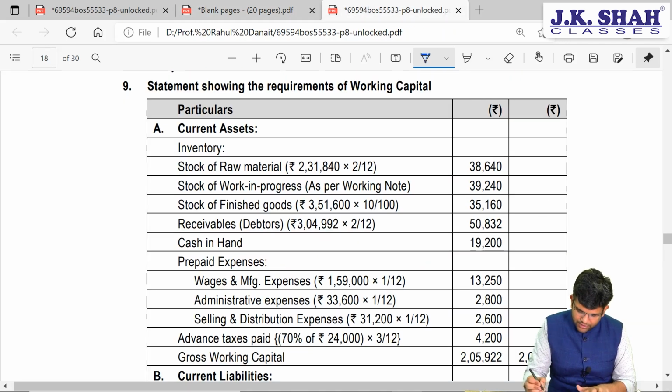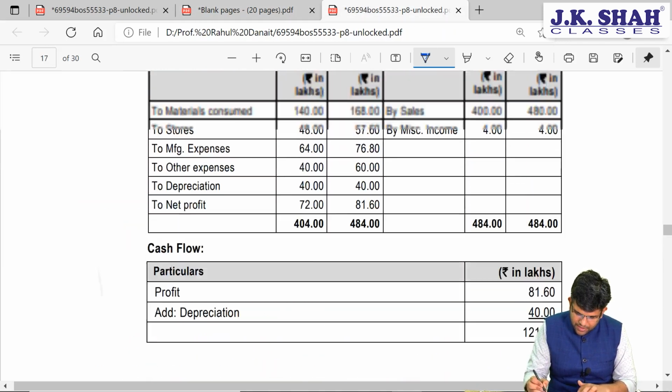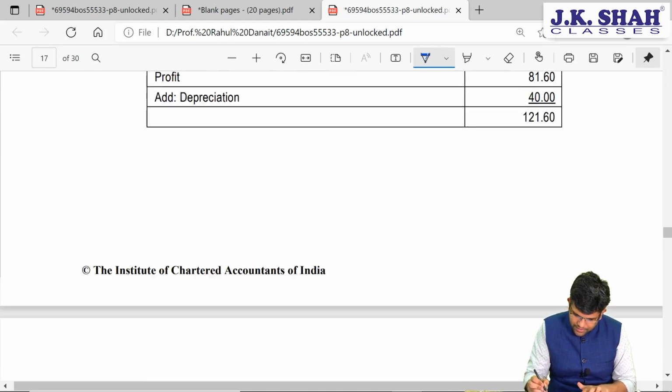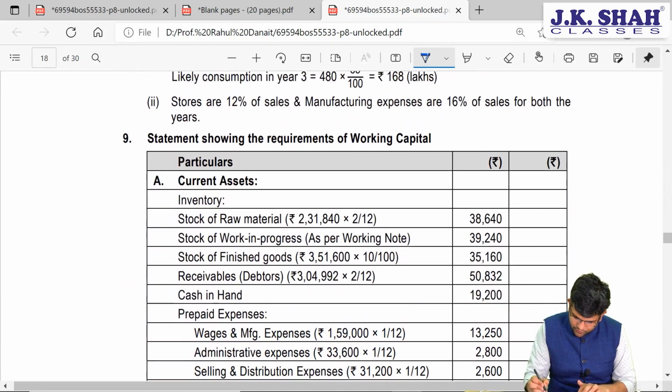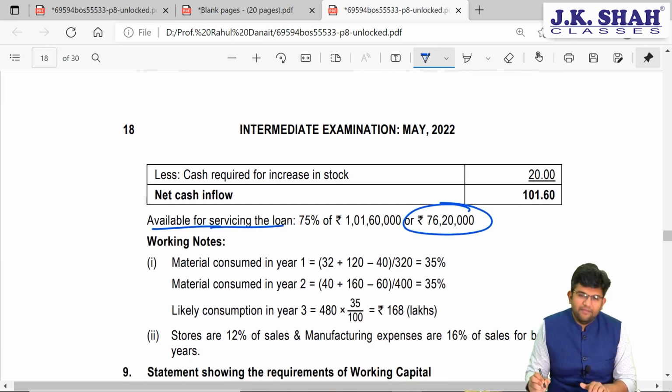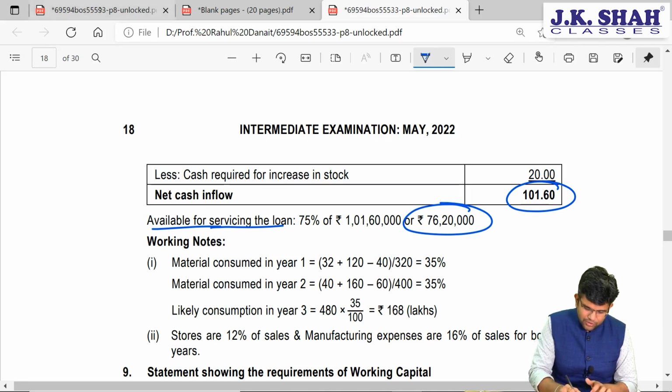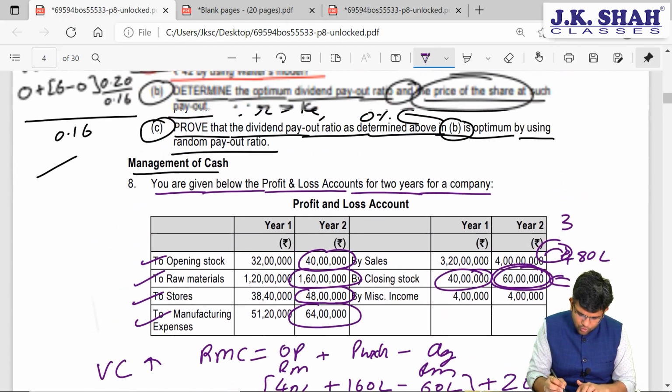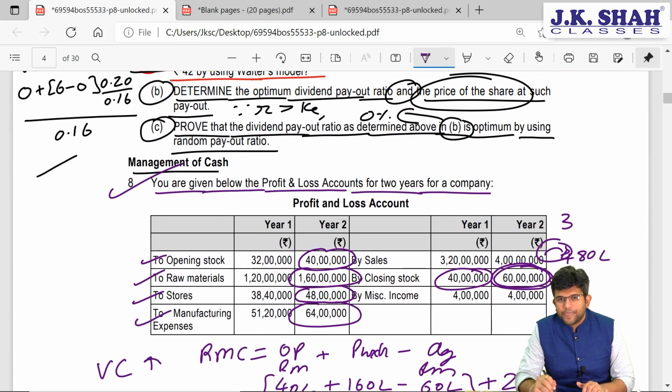I'll take you to the institute solution, children. This is the institute solution here. Now in the institute solution, if you can see, they have eventually got the amount available for servicing the loan as 76.2 lakhs and 101.6, everything we have got as it is. Everyone clear? So with that we complete the discussion of question number 8 of RTP.